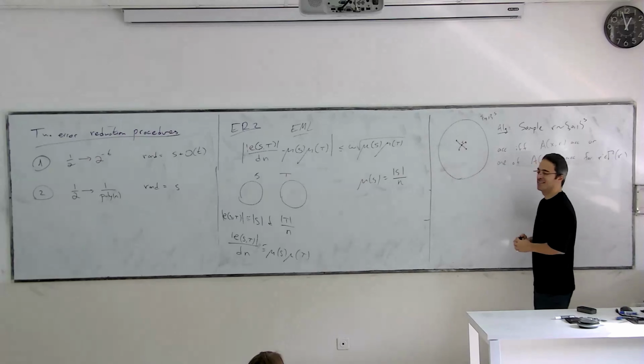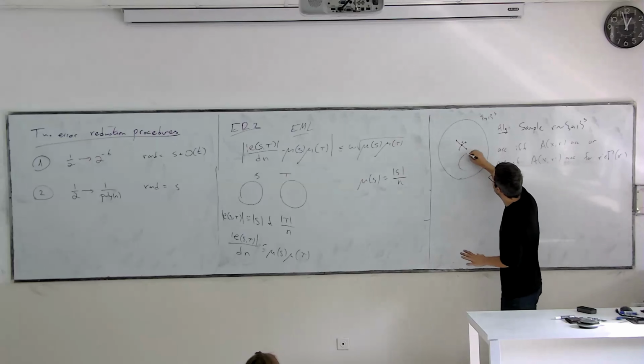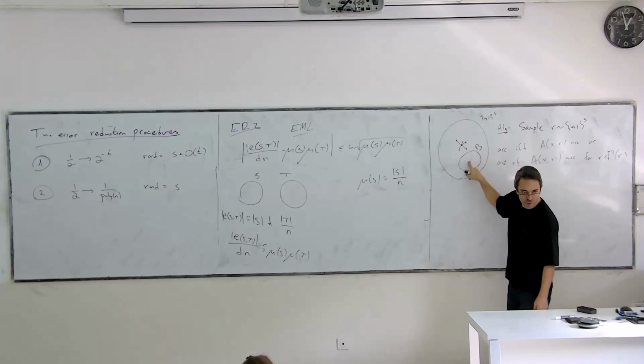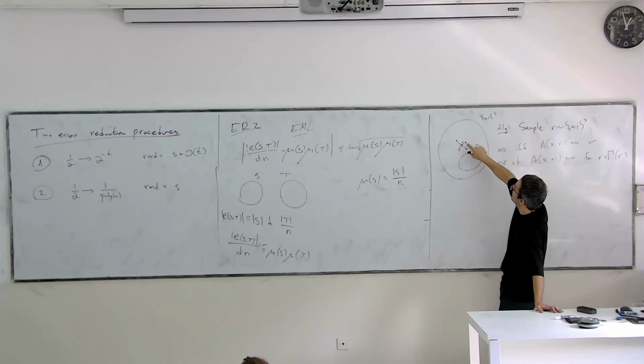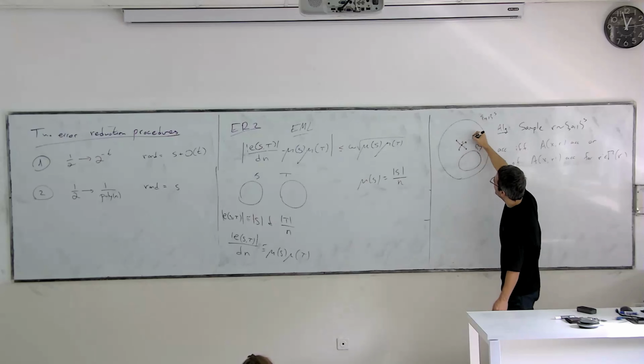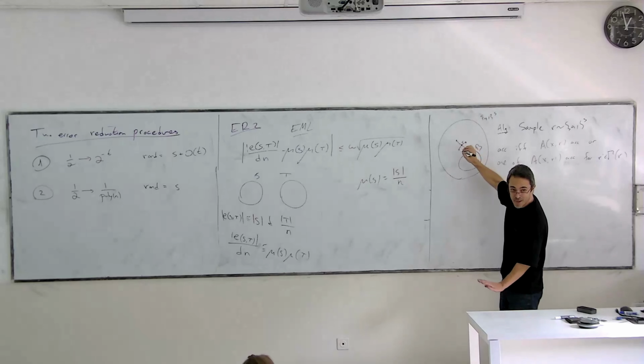So now what's the bad event? Say again, B is the bad set. As before, B is the set of all strings that make A reject even though it shouldn't. So what's the bad event? All of them are in B. Exactly. That R is in B and all of its neighbors are in B. This is bad.